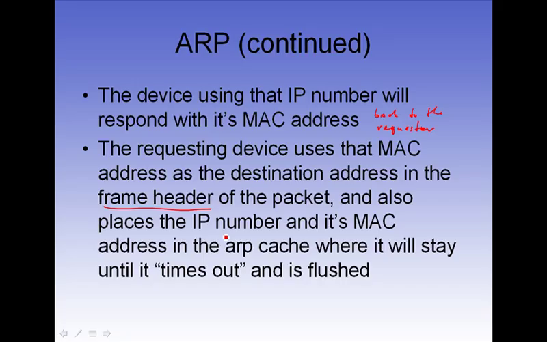And the reason these things aren't permanently stored somewhere is the fact that it's possible, for example, if you're using DHCP, for a computer when it boots up to get a different IP number today than it had last week. So if you had static mappings of these things, that would be incorrect.